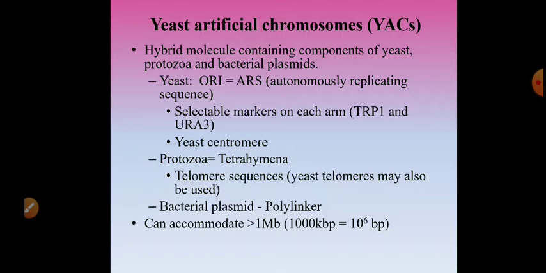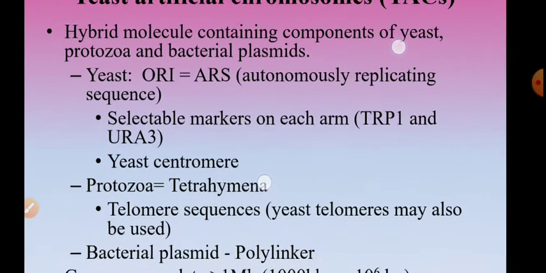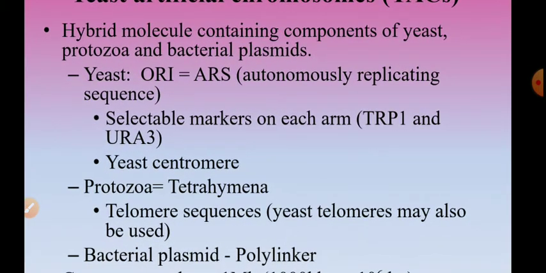One more important type of vector used nowadays is the yeast artificial chromosome, YAC, or the bacterial artificial chromosome, BAC. So YAC is the yeast artificial chromosome. This is a hybrid vector, a hybrid molecule, which contains components of yeast, protozoa and bacterial plasmid.